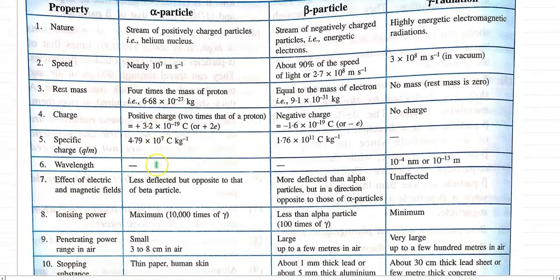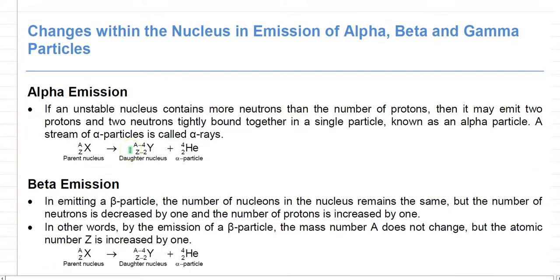You can study them. Now, the change within the nucleus in the emission of alpha, beta, and gamma radiations. When an alpha particle is emitted from a nucleus, how does the nucleus change, and how is it transformed into another element?